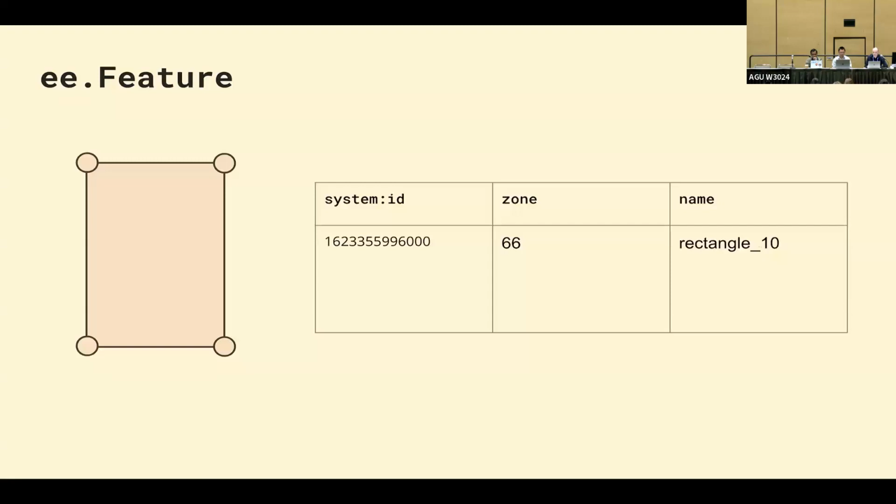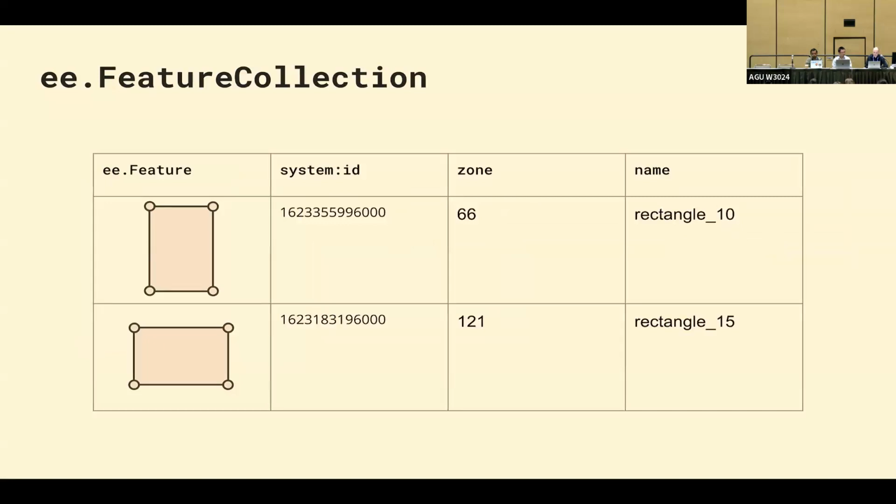For instance, maybe an ID or a descriptor about some zone, the name of the rectangle, for instance. And then if we have a collection of features, you can think of it as a table. So we have this series of rows, each one of them is a specific feature with its own metadata.